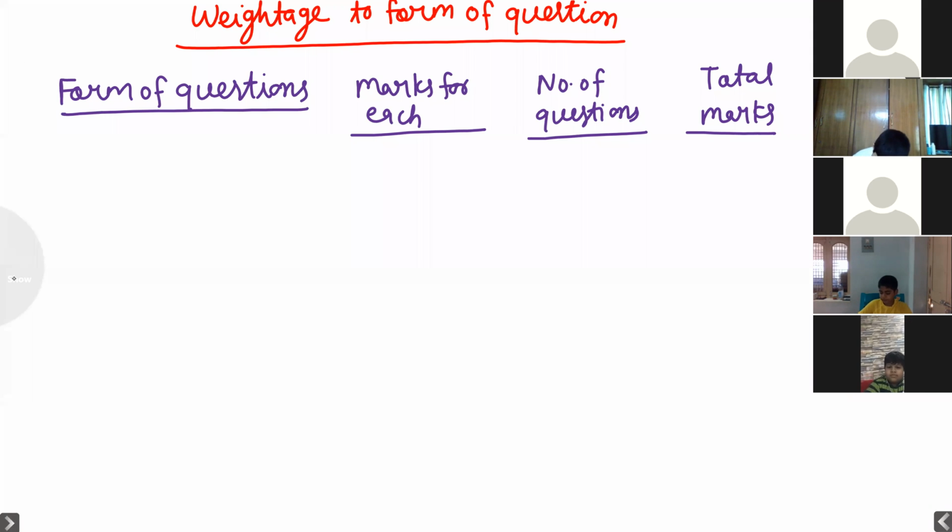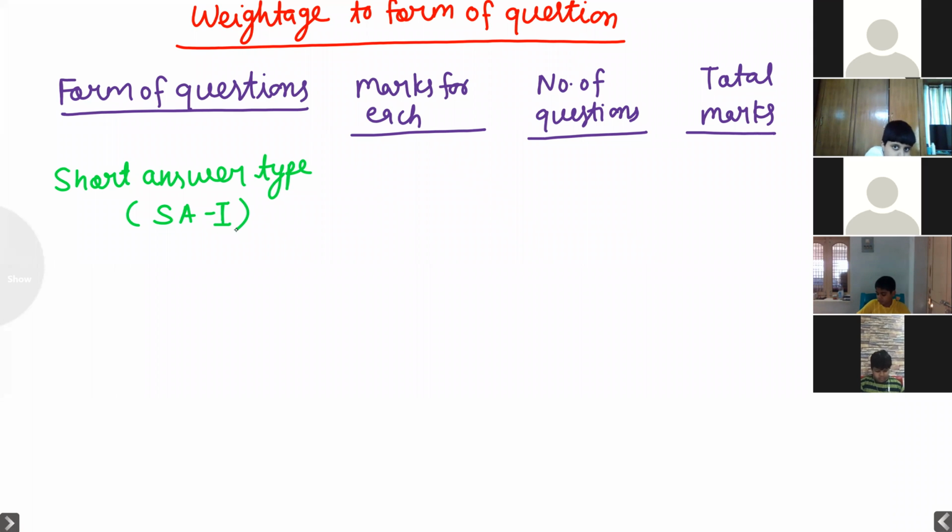First form of question is short answer type. Short answer means SA1, 1 mark. How many questions? 19 questions of 1 mark. 19 ones are 19.